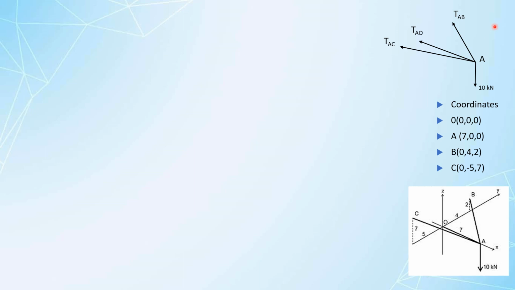Now we'll take AB first. So first we have to write the unit vector. Unit vector in the direction of AB is given by this formula. Here we have discussed this formula in the class. Here we have to do coordinate of B minus coordinate of A. So the first term, we have coordinate of B, x coordinate is 0, coordinate of A, x coordinate is 7.